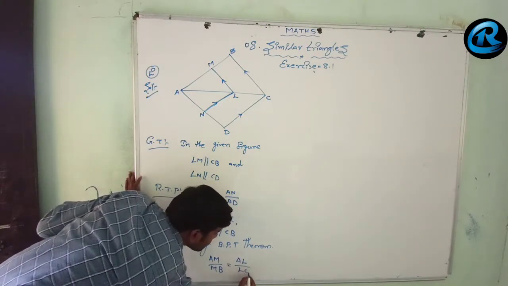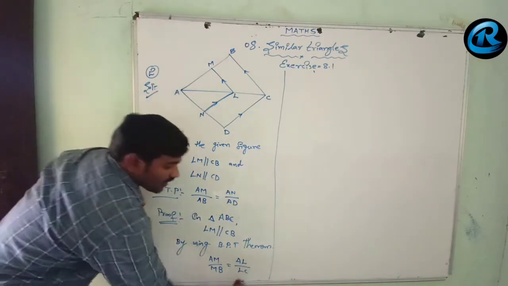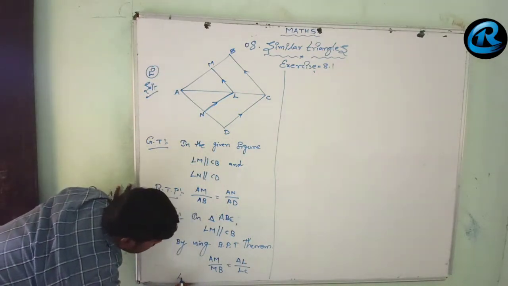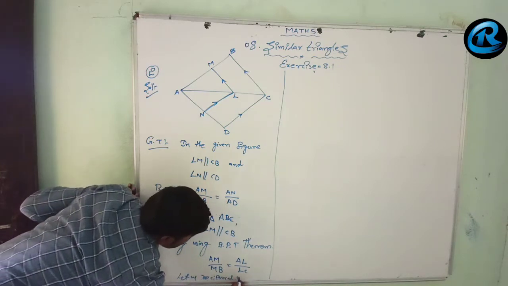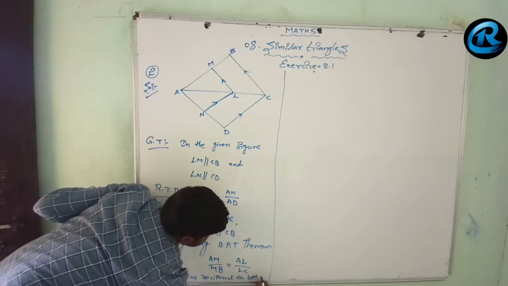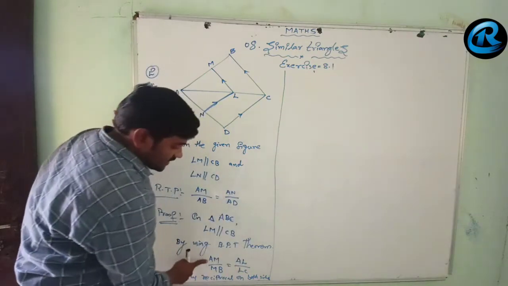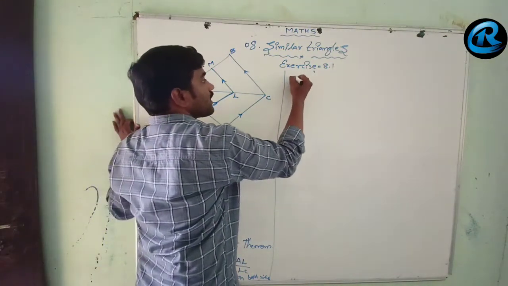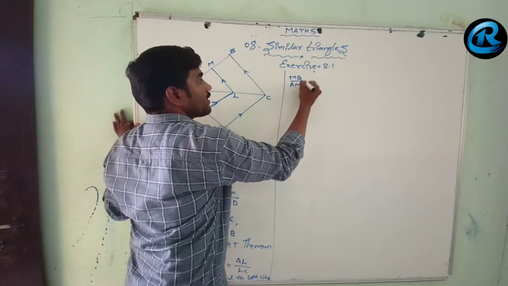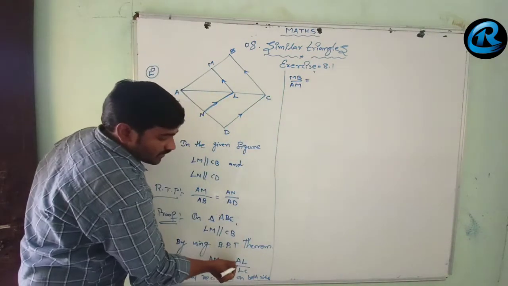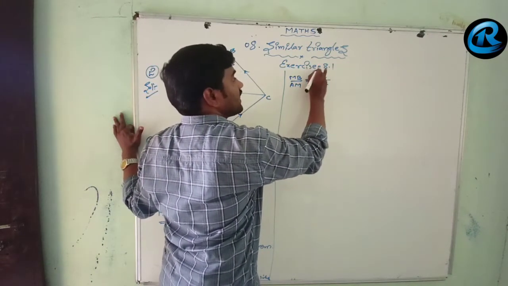Now here what you need to do is let us take the reciprocal on both sides. Why we need the reciprocal, I will tell you. So this AM by MB becomes MB by AM, that is equal to AL by LC becoming LC by AL.